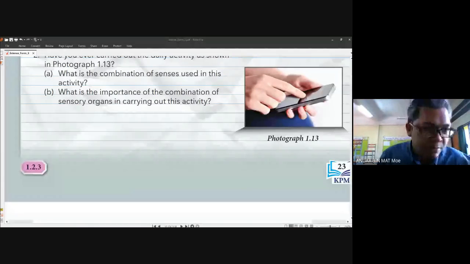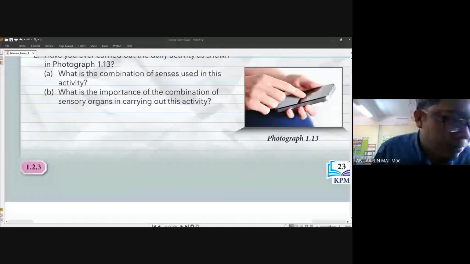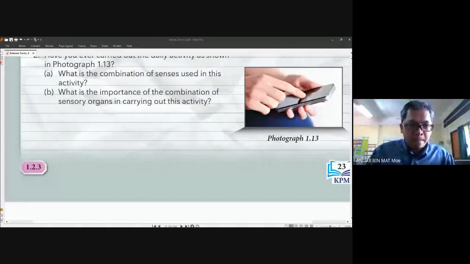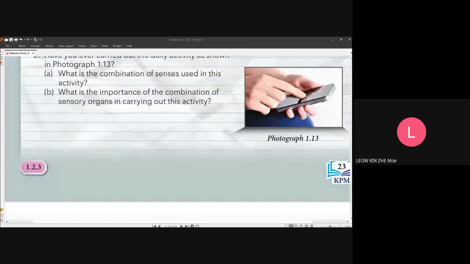Masuk dia nanti. Kamu call ibu bapa dia, tanyalah. Ya, nanti saya call lah, nanti saya beritahu lah. Tapi you sudah add kan?